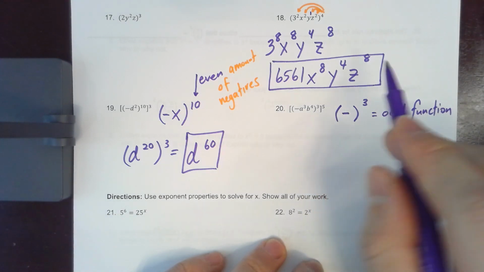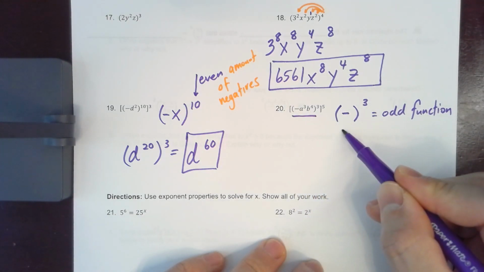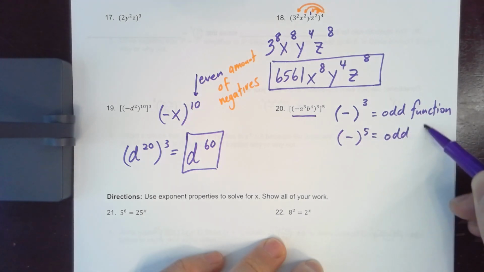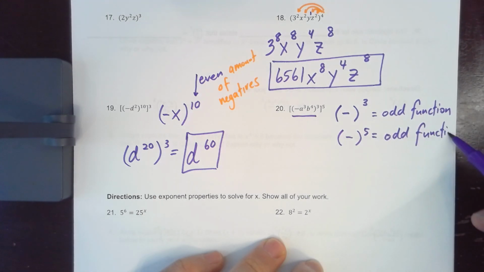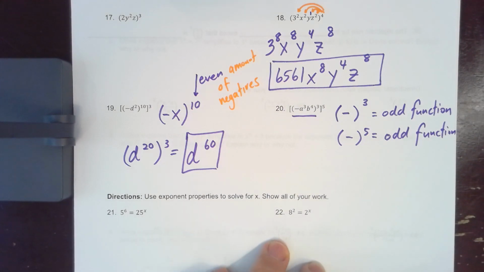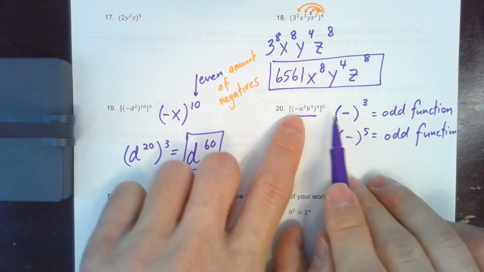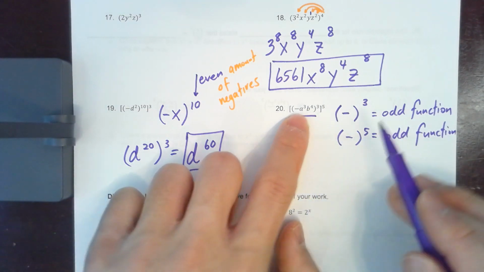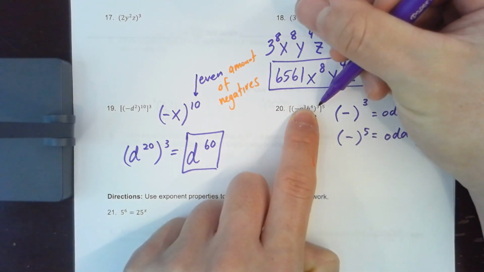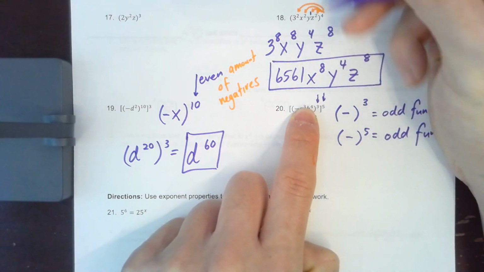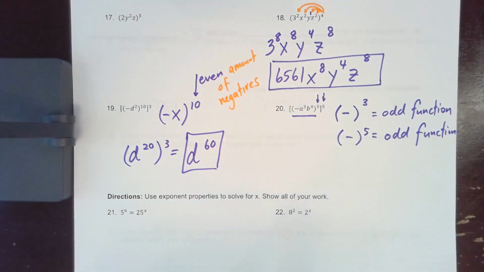And then once you raise that to the 5th power, it's still going to be an odd function, which means basically, class, your final answer has to have that negative sign. That negative sign will not go away, because even though you have A3 and B4, this 3 is going to make it negative again. And then the 5 is going to continue to perpetuate the negative sign.